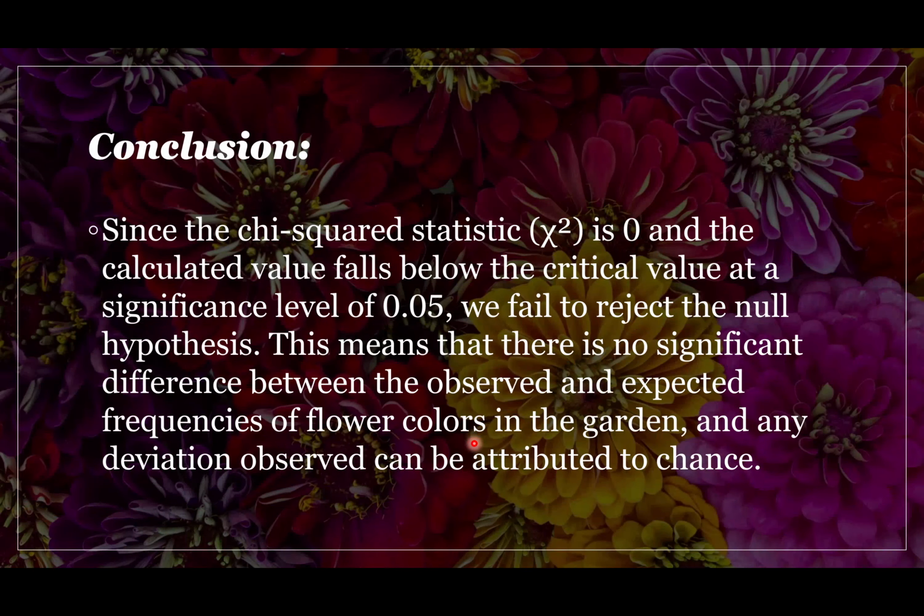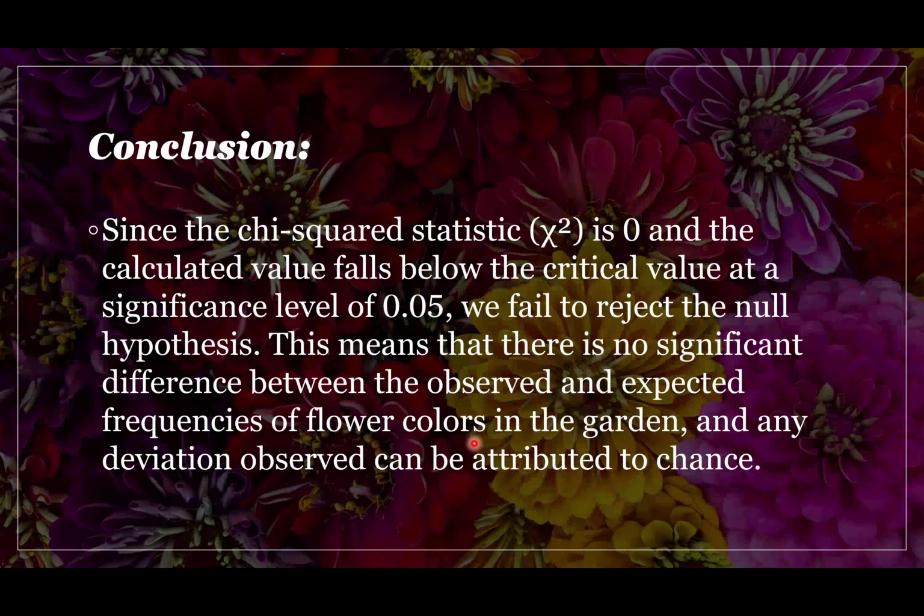Therefore, it falls below the critical value or significance level of 0.05. We fail to reject the null hypothesis, and this means we ultimately accept the null hypothesis, saying that there is no significant difference between the observed and expected frequency of flower colors in the garden, and any deviation observed can be attributed to chance. That is our conclusion, and that is what we're using our example to do.